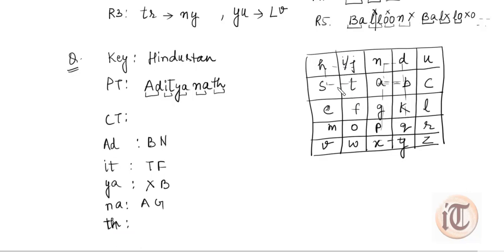T in its row is replaced by S, and H in its row can be replaced by either I or J. So the answer can be SI or SJ. So if the plain text is Adityanath, then the ciphertext will be BNTFXBAGSI, or you can take it as SJ also.